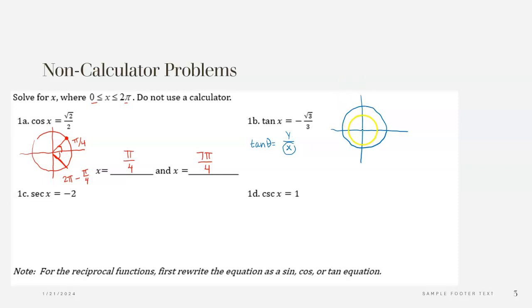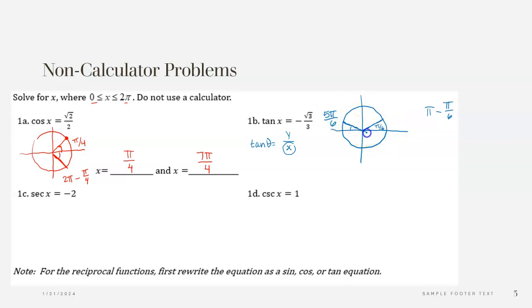So cosine involves square root of 3 when we're at pi over 6. Oh, but I don't want pi over 6 because that's in the wrong quadrant. I want tangent to be negative. So I want this value of pi to be pi over 6. So I want pi minus pi over 6, which would be 5 pi over 6.